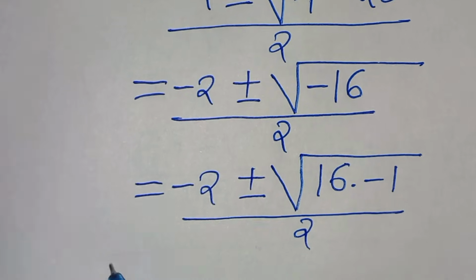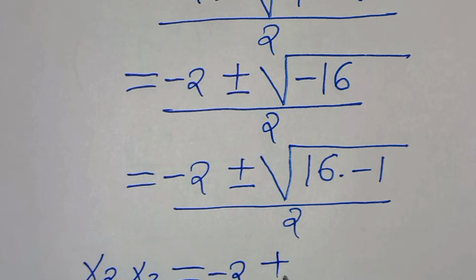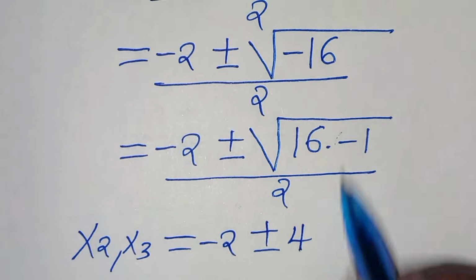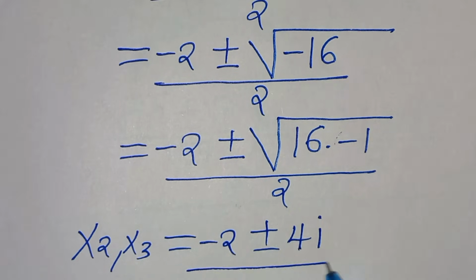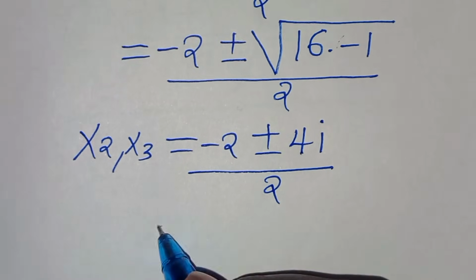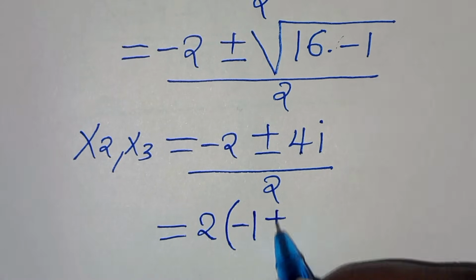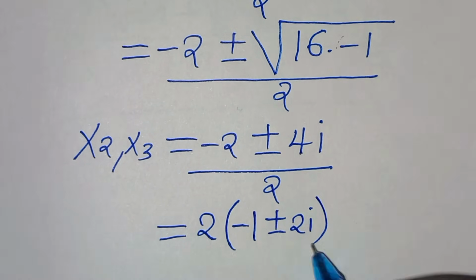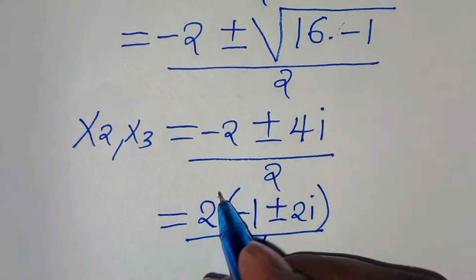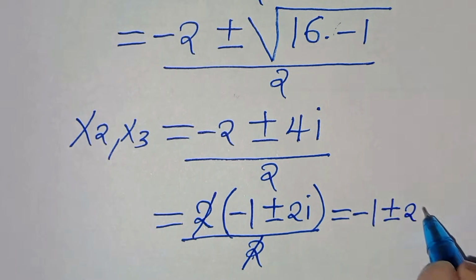So that now we have x2, x3 equal to minus 2 plus or minus the square root of 16, this is 4, square root of minus 1, this is i, then divided by 2. In the numerator here, 2 is common, so we can factor out 2 into the parentheses. This is minus 1 plus or minus 2i, everything divided by 2. So this means that we can simplify 2 and 2 here, so that we have minus 1 plus or minus 2i.